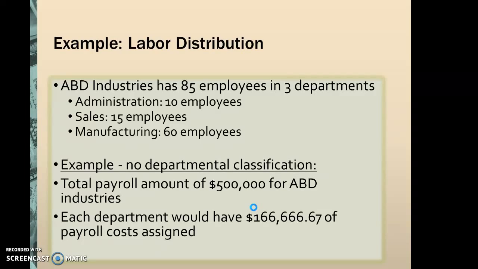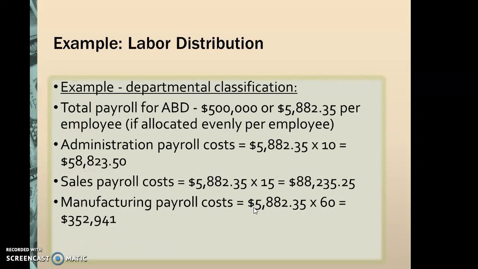So an example of department classification, so ABD has a payroll of $500,000 or $5,882 per employee if it's allocated evenly per employee. Then administration payroll costs, if you take that amount multiplied by the number of employees in the administration department, would equal $58,823.50.